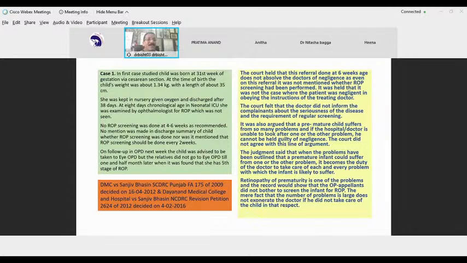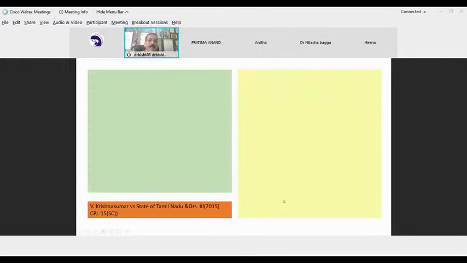The appellant actually said that premature babies have so many issues, we got his HMD corrected, we got so many things corrected, and this is something which can be missed. So the judgment said that when the problems have been outlined, that a premature infant could suffer from one or the other problem, it becomes the duty of the doctor to take care of each and every problem which the infant is likely to suffer.